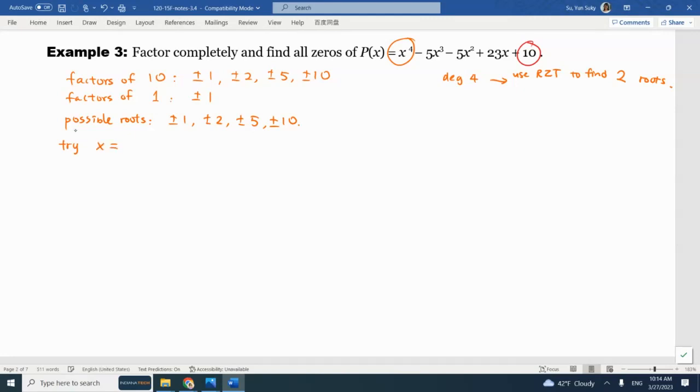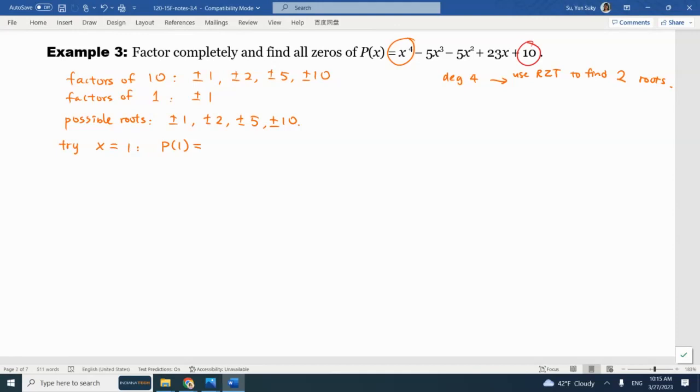So let's try 1. We plug in 1, x is 1. Then do you see here we have 1 to the 4th minus 5 times 1 to the 3rd minus 5 times 1 squared plus 23 times 1 plus 10.